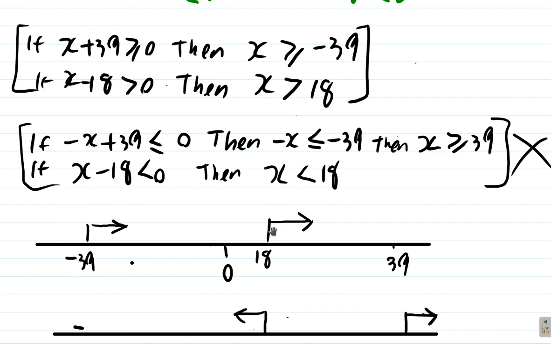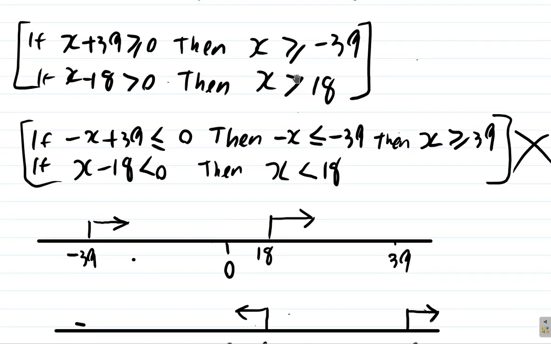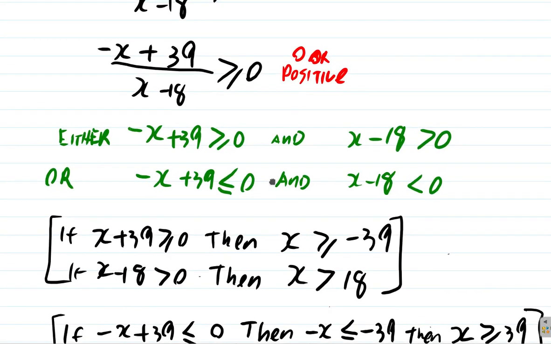One possible number that we could try. Suppose we try 0. 0 is not supposed to work because x must be greater than 18. Even though it's greater than negative 39, it should be greater than 18. Let's put in 0 for x and see what would happen.